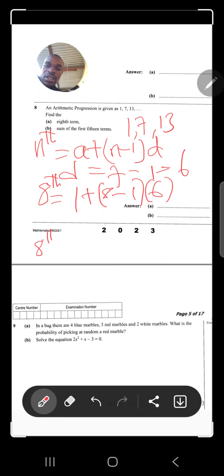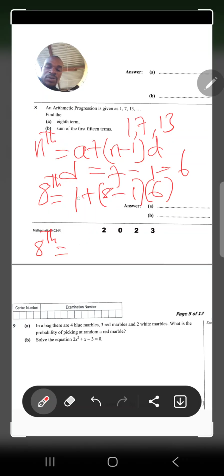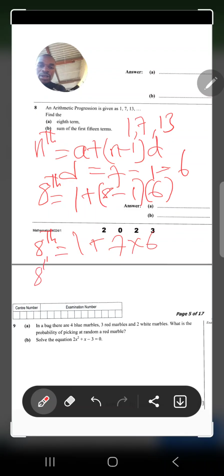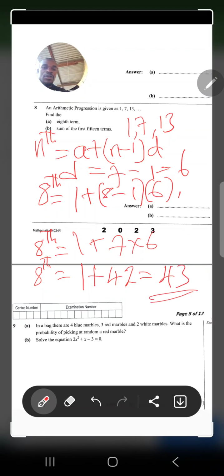This will give us the 8th term is equal to 1 plus (8 minus 1), that is 7, times 6. The 8th term will be equal to 1 plus 7 times 6, which gives us 42. Therefore the 8th term is going to be 43. So that will be our answer there, 43.